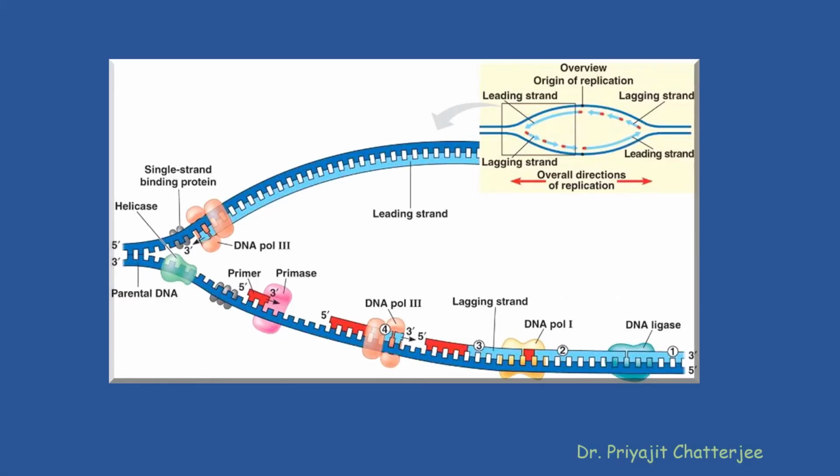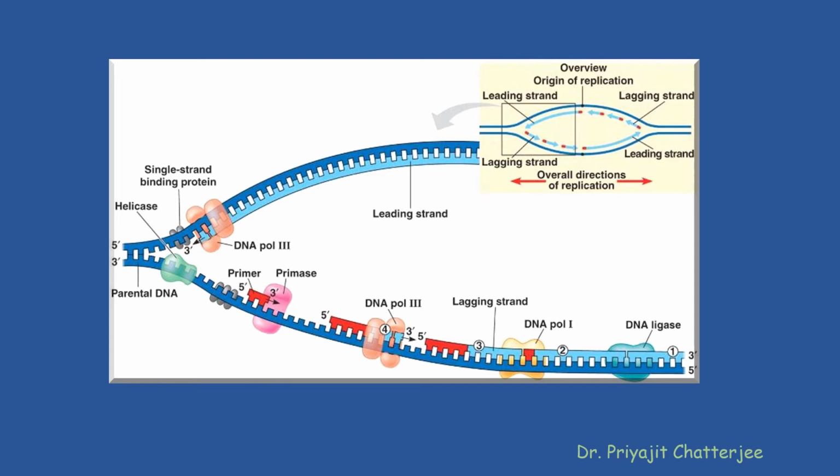Then, after the primer, we require the DNA polymerase 3 enzyme. It is needed for the polymerization and proofreading activity, meaning addition of nucleotides, and repair if there is any mismatch. After DNA polymerase 3 activity, DNA polymerase 1 is required, to remove the RNA primer due to its 5' to 3' exonuclease activity.